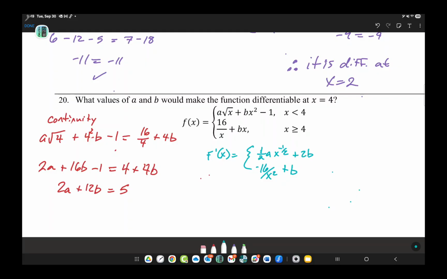So if you want to write that as a over 2 square root of x plus 2b must equal negative 16 over x squared plus b. There you go.